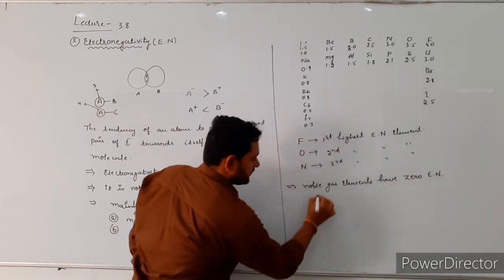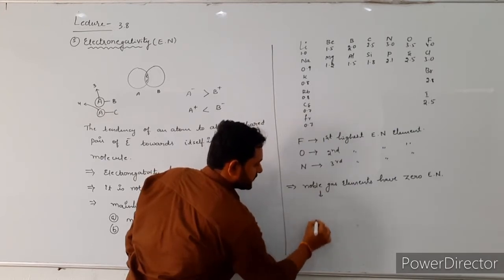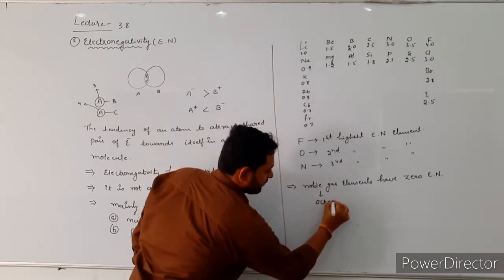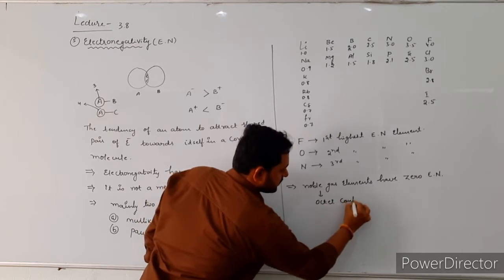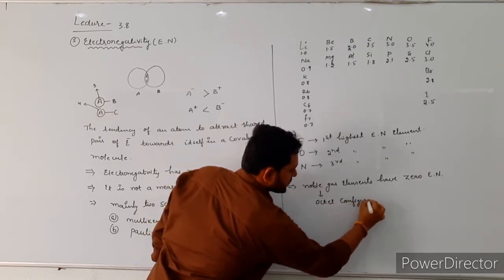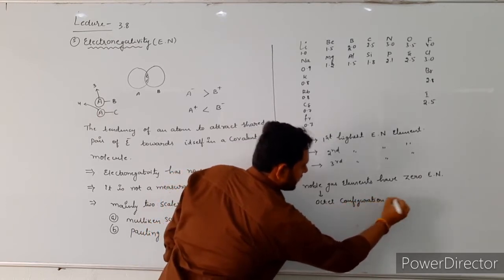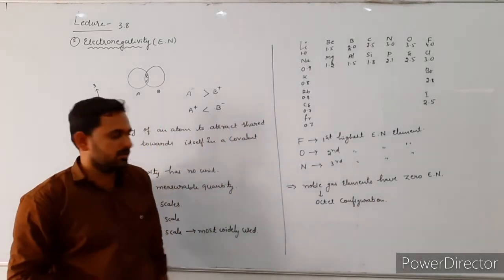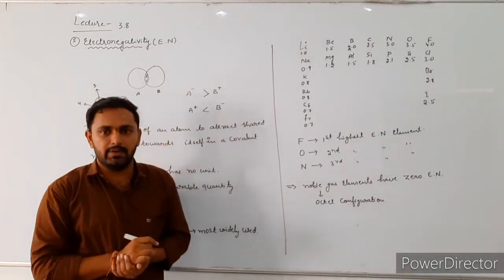Why? Because they have stable electronic configuration or octet configuration. That's why they have 0 electronegativity.